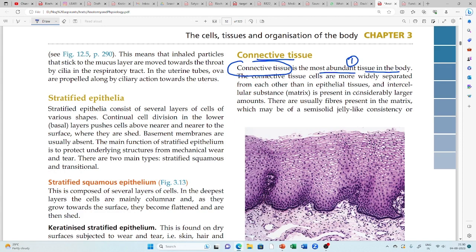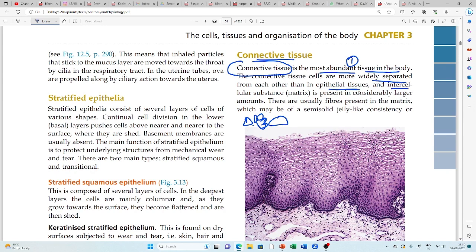The connective tissue cells are more widely separated. When I taught about epithelial tissue, I told you these cells are closely packed, with very little space between the cells. But in connective tissue, the cells are widely separated, there is a space between cells, more than in epithelial tissue.